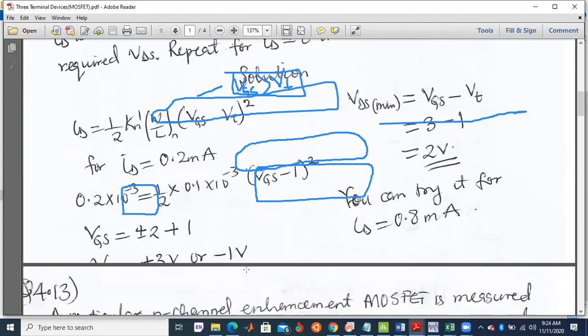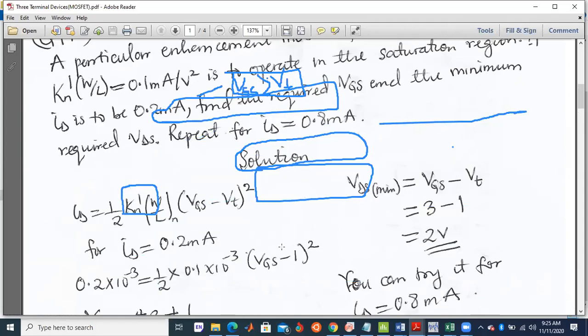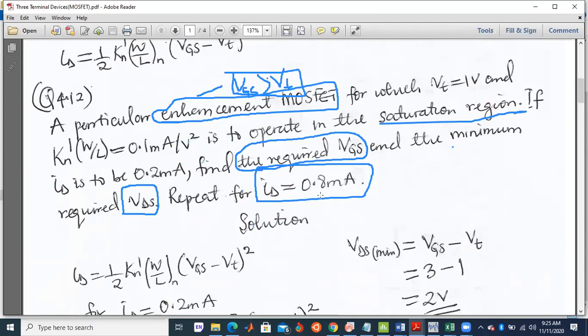Clear? Now, looking at this, between VGS equals 3 and VGS equals minus 1, which one should be our correct answer? Don't forget, what did they say? The positive is our answer.